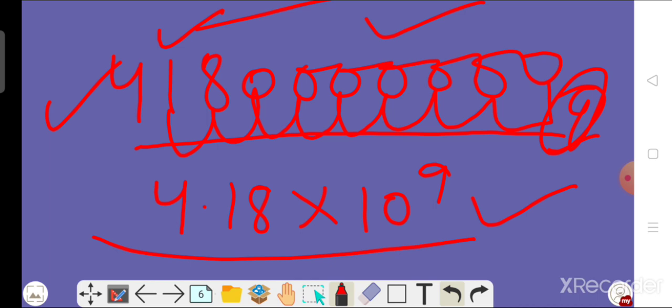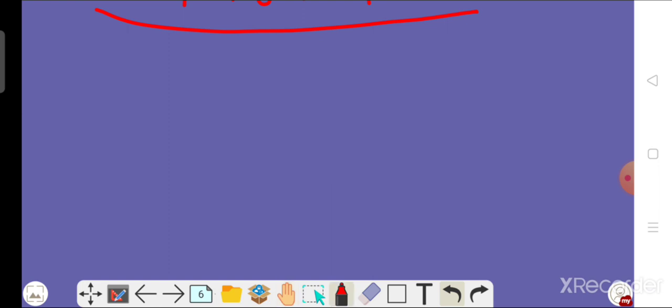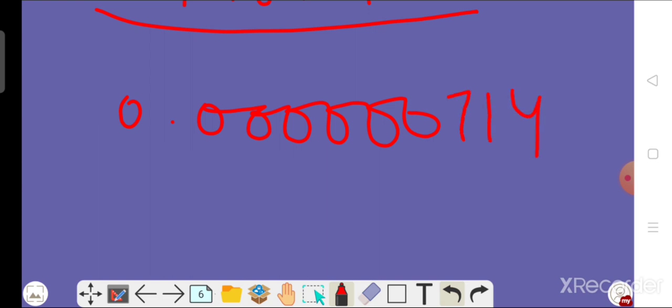Okay. Now we will take an example of a small number, 0.000000714. As in the previous example, we have to represent this number in scientific notation. Okay.